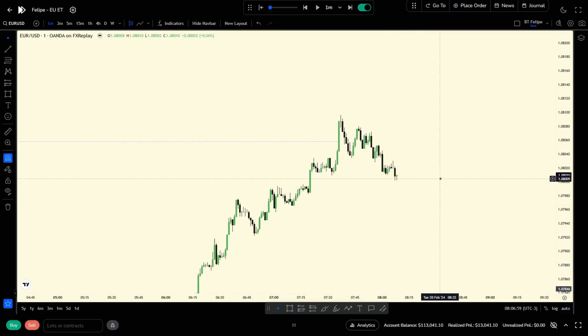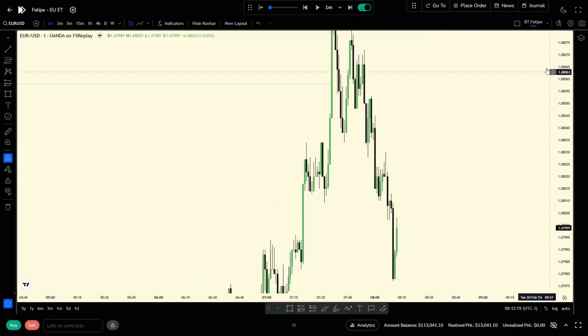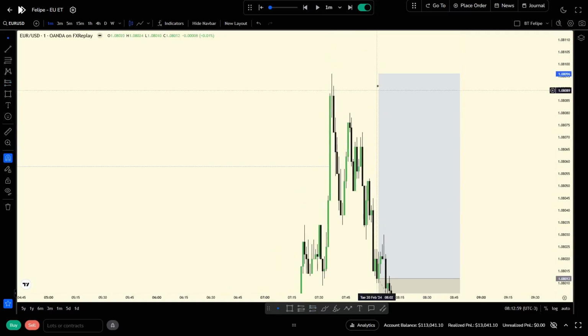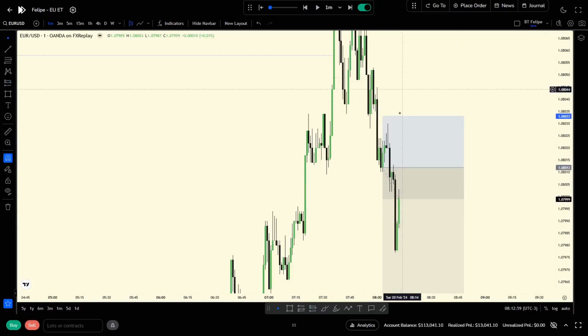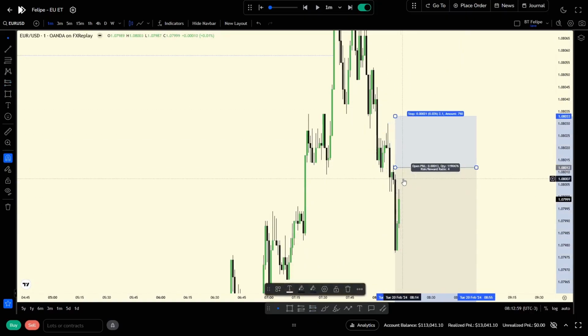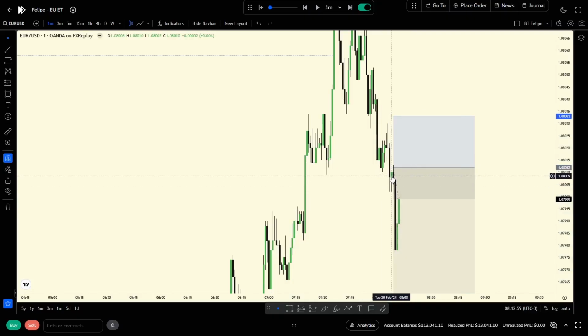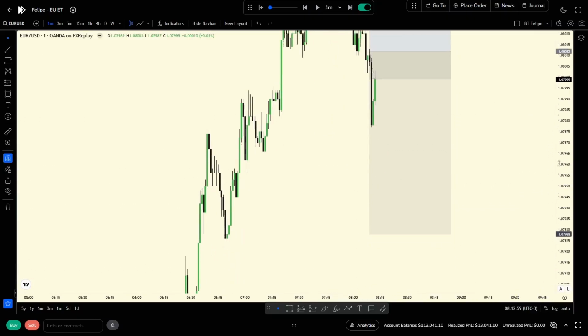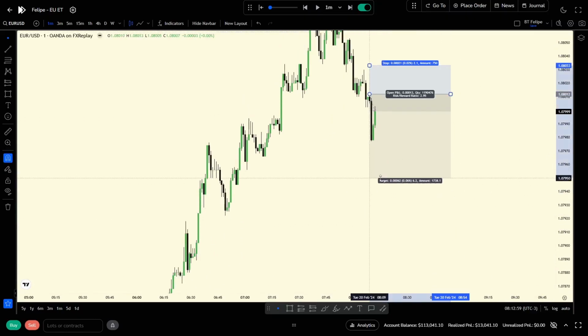No shorts. Oh, there was one here, very small one. Interest on this candle. Maybe price can still go up there.